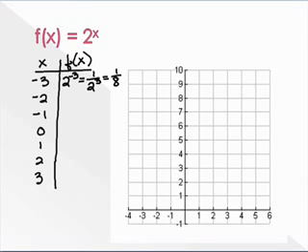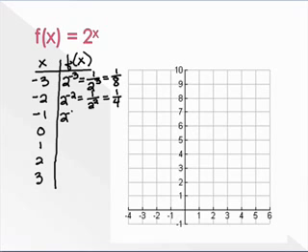So this is equivalent to 1/8. Okay, let's take 2 and raise it to the -2. So we want to make that a positive exponent. So we go 1 over 2 squared then. And 2 squared is 4. So we get 1 over 4.